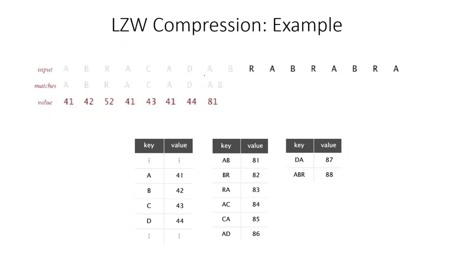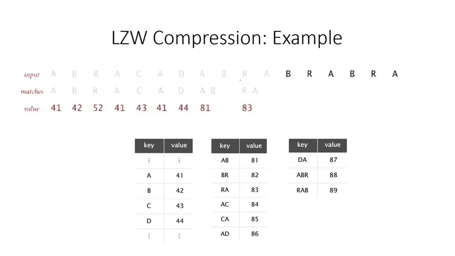Then, as you can see, we have A, and the next letter is B, but we have this prefix AB, and instead of putting the value for each character separately, like for the A separately and for the B separately, we just put one value for both of these characters, and we say that it's 81.